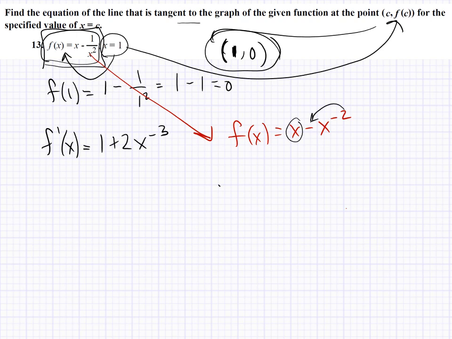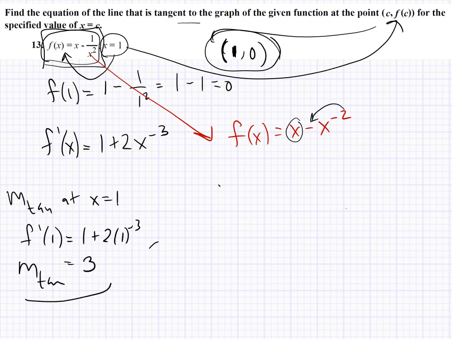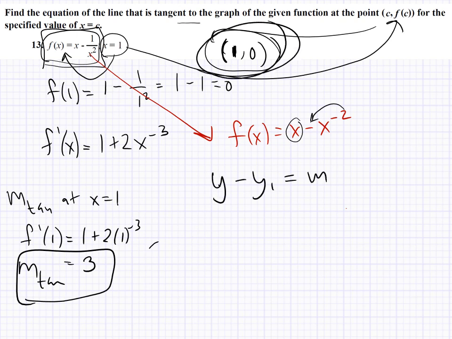And so if I want to find the slope of the tangent line at x equals 1, I need to find f prime of 1. Well, that would be 1 plus 2 times 1 to the negative 3. Well, 1 to any power is 1, so this is 1 plus 2, so that's 3. So that's the slope of the tangent line. So we have the slope of the tangent line, we have our point. So now we're going to use y minus y1 equals m times x minus x1.